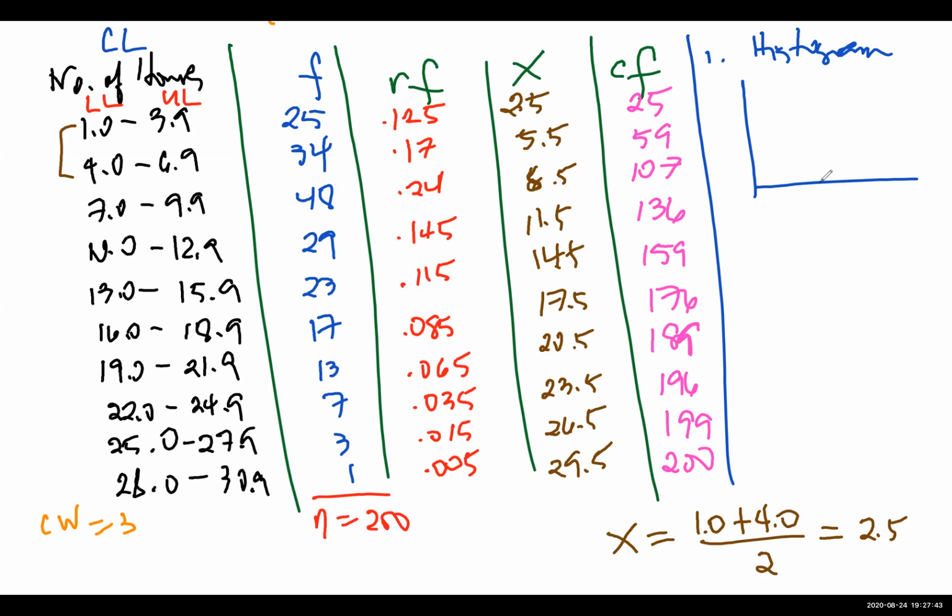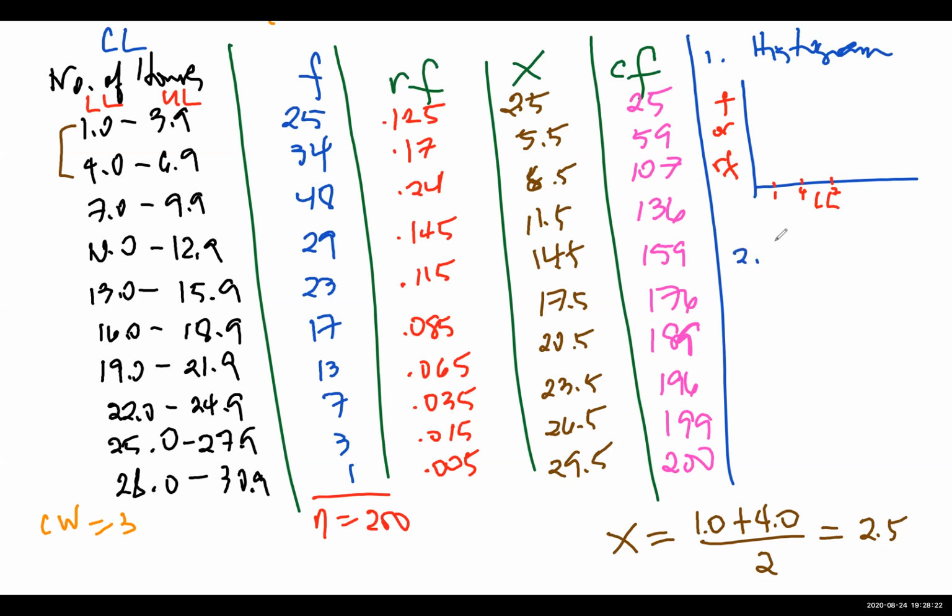The x-axis is the class lower limits, so meaning the left side. So you're gonna have 1 here, then 4, and then 7, up to 31, after the last one. So you only need to use the lower limits, and then your y-axis is either frequency or you can use RF because you're gonna have the same shape.